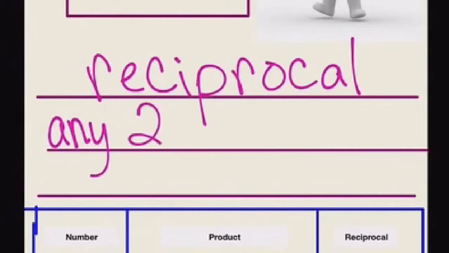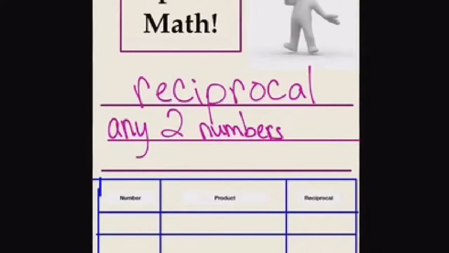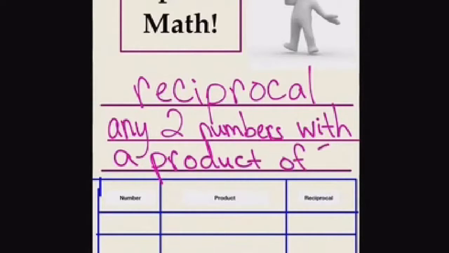A reciprocal is any 2 numbers with a product of 1. And I'll show you an example in a minute here. And remember, product means multiplication.